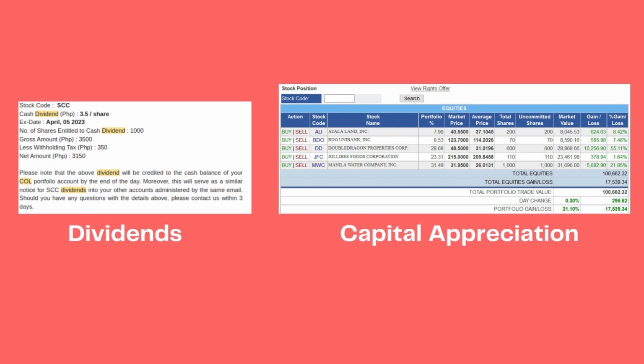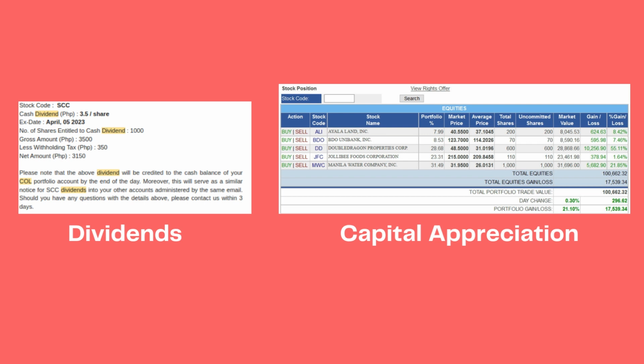It says that the number of shares entitled to the dividend is 1,000, and the dividend rate is 3.5 pesos per share. You multiply that and get a gross amount of 3,500, deduct withholding tax of 350 pesos, and the net profit was 3,150 pesos.